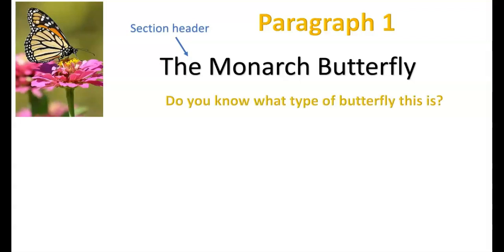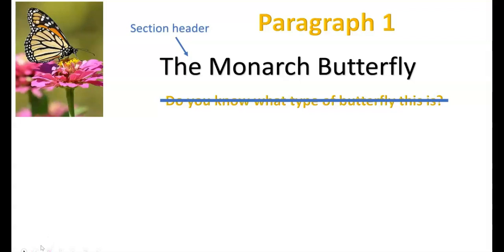Sometimes it's easier to ask a question than it is to come up with a good statement. But in APA writing, your goal is to write strong statements without asking rhetorical questions. So "Do you know what type of butterfly this is?" should not be used.